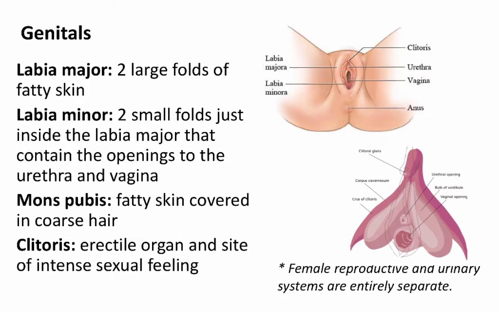And just above the urethral opening is the external part of the clitoris, the glans clitoris. The mons pubis is, in both males and females, sort of a fatty pad that has skin with coarse hair.